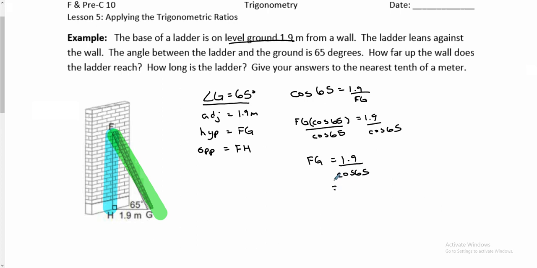Plug that into your calculator. You should get, to the nearest tenth of a meter, 4.5 meters. So we know that goes here. And I'll write a sentence. This tells me the ladder is 4.5 meters long.